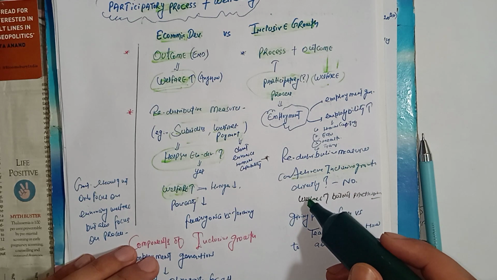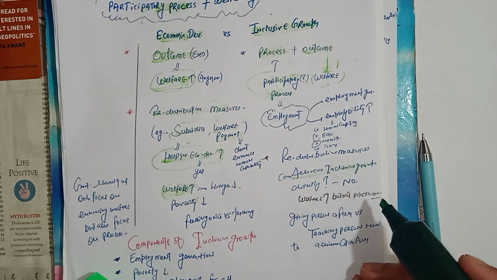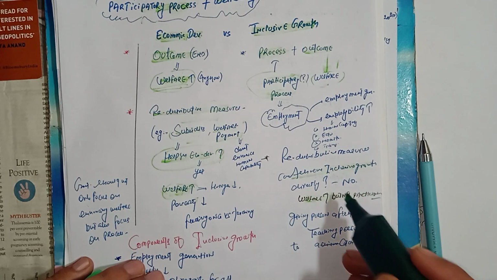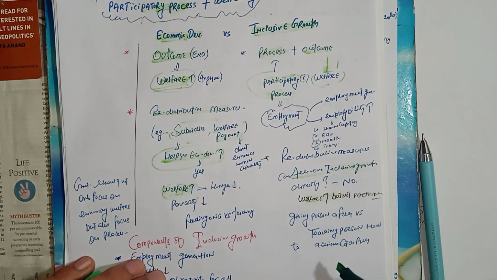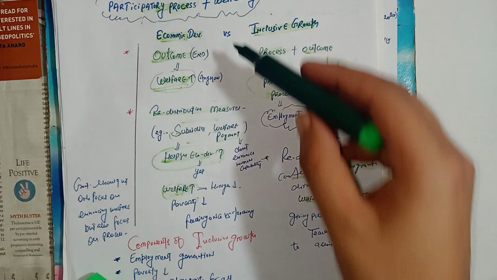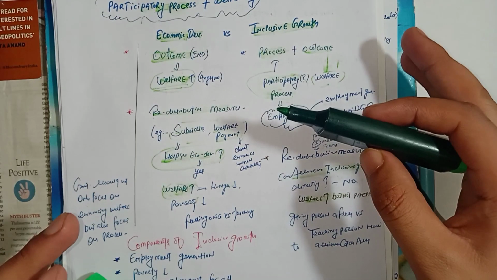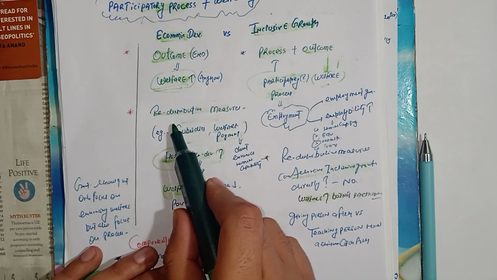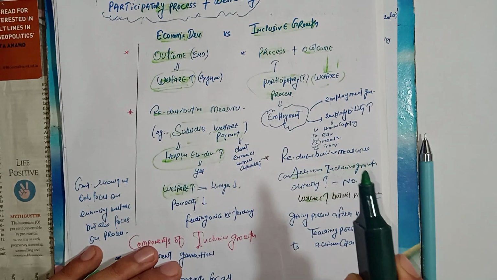It is certainly increasing the welfare in the society, but not the participation of all the people in the society. And this is one of the important differences between economic development and inclusive growth.